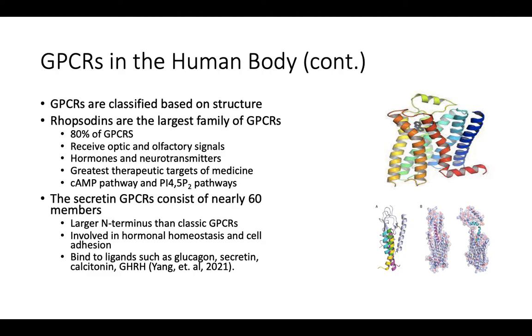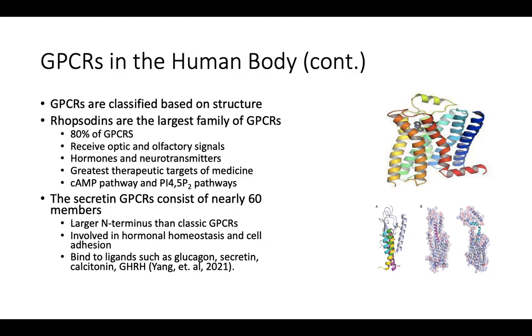This means that they're the greatest therapeutic targets of medicines, because you've got to remember these GPCRs are very important to all sorts of functions across the body and pathways. Two examples of the pathways that rhodopsins undergo are the cAMP pathway and the PIP2 pathway.